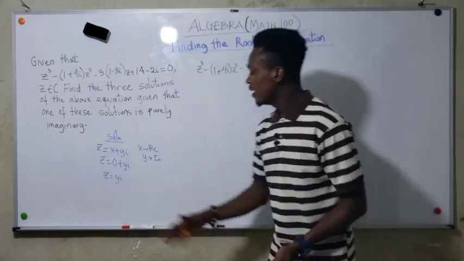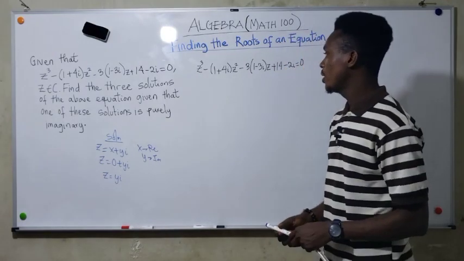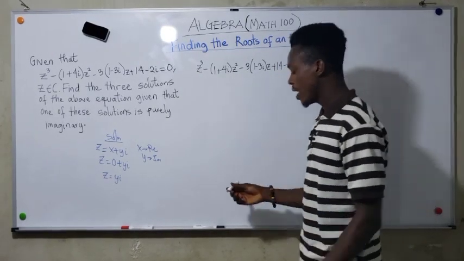But we realize that z is equal to yi, so we replace it.